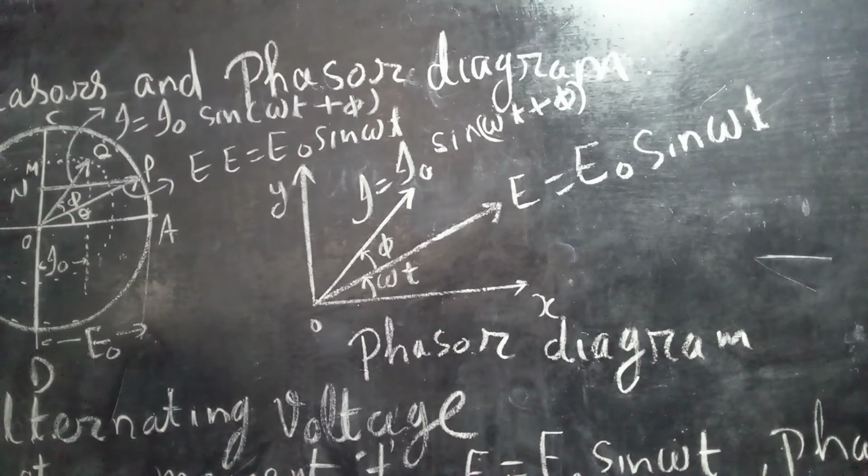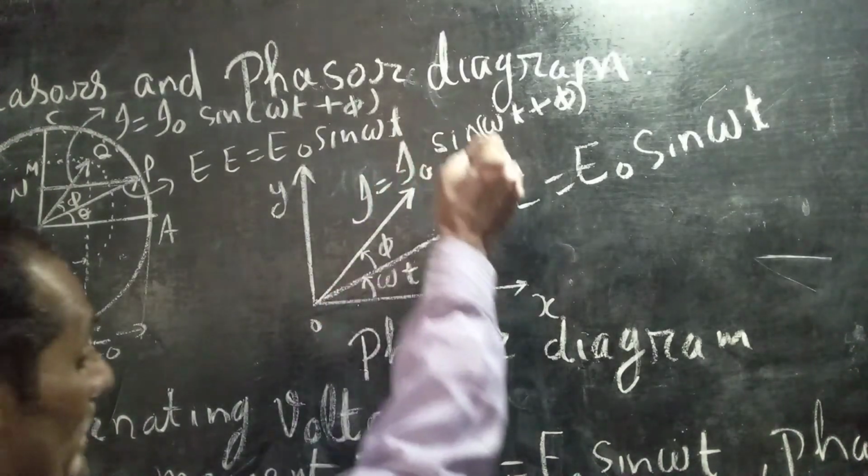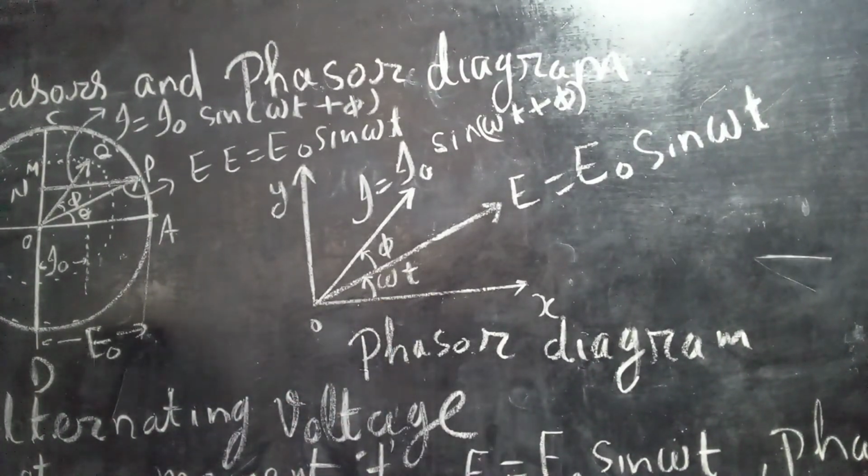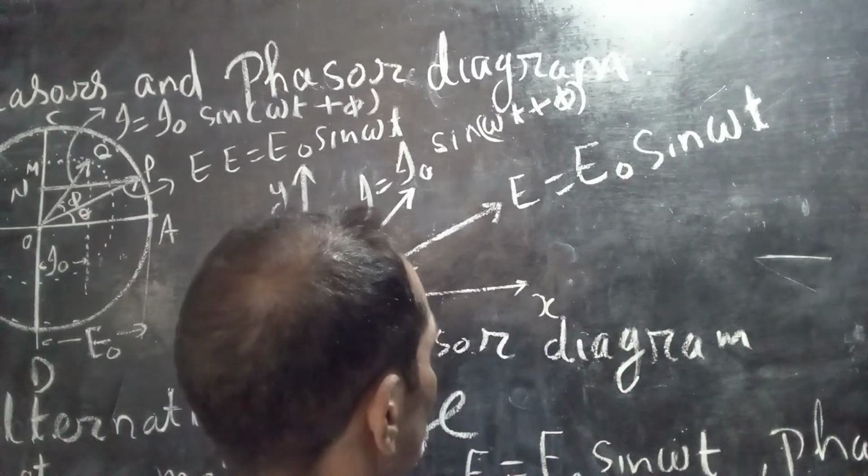When alternating current and voltage are represented by a diagram with phase angle, this diagram is known as a phasor diagram. Here E is equal to E0 sin omega t.